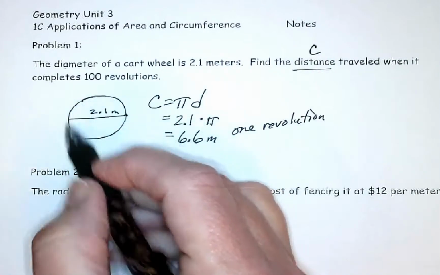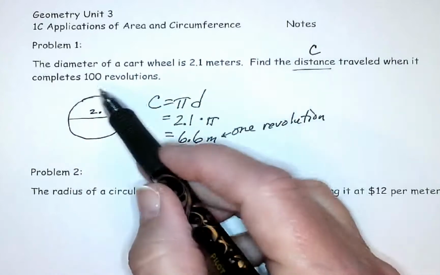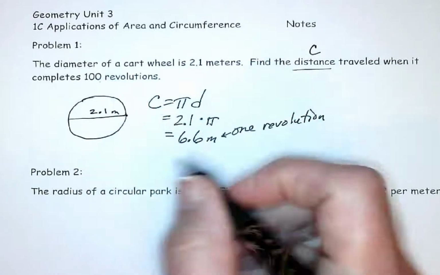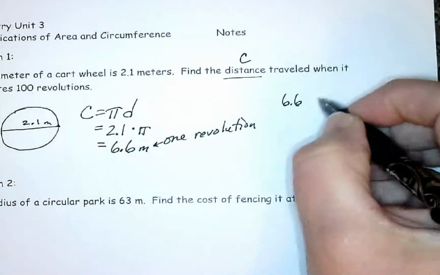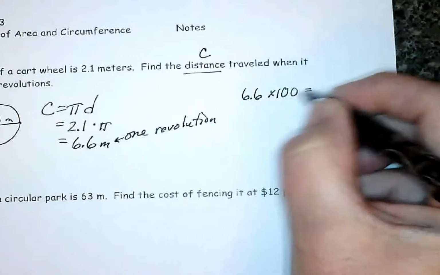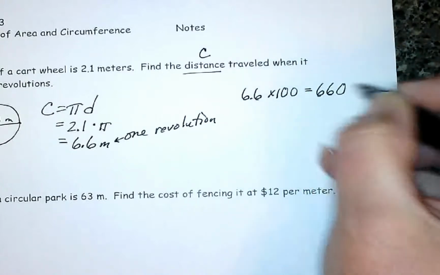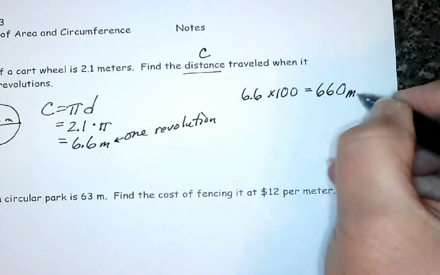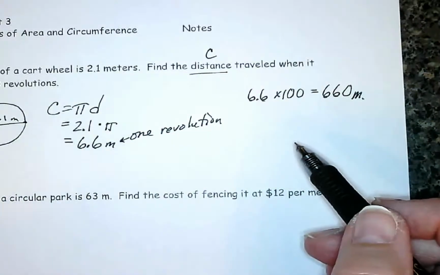That's also dealing with the circumference. So if I want to know how far it's going to travel with 100 revolutions, I'm going to take the 6.6 for one of them times 100 times it's going around, and that's going to give me, move this decimal over two places, 660 meters that it would travel when it went around 100 times.